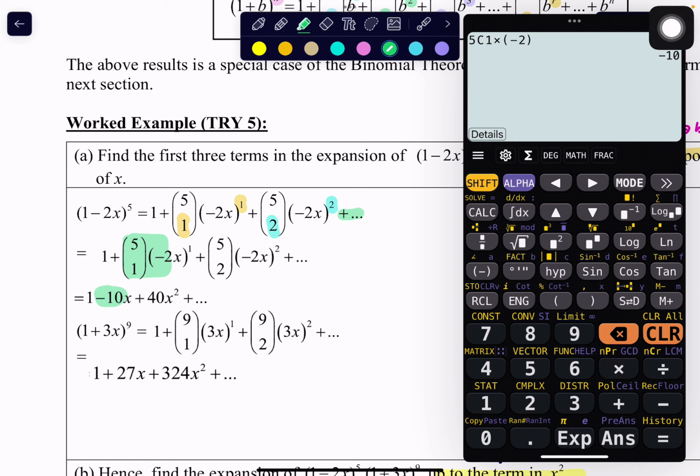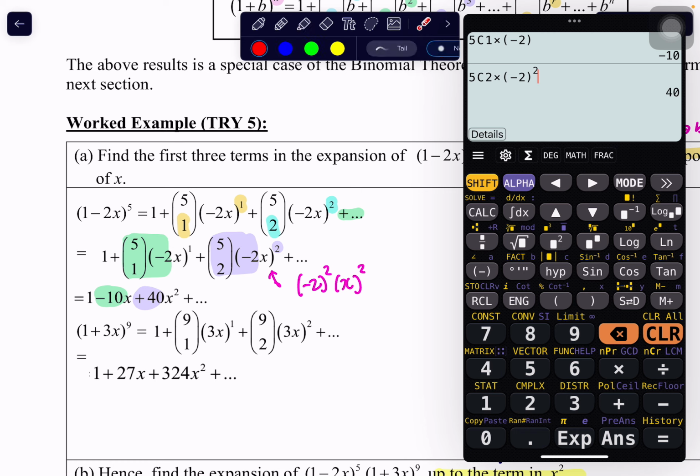Then work out the third term: 5 choose 2 times negative 2 to the power of 2. Take note, you are using the law of indices. So I'm just going to key in again 5 choose 2 times negative 2 to the power of 2. That gives us the number 40 that you see over here.